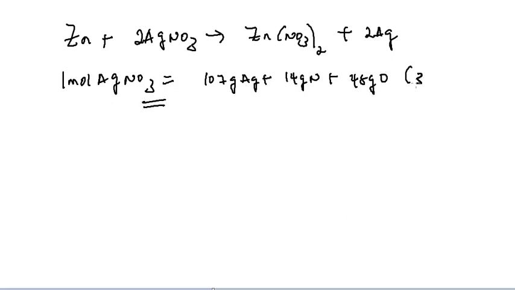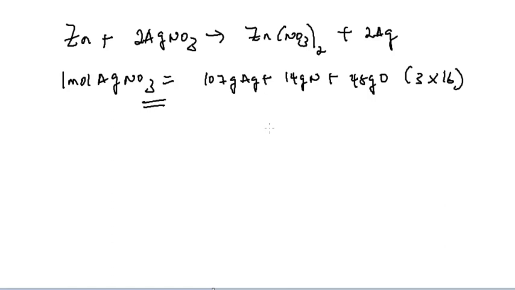We multiply 3 by 16 here. That's how we get 48 grams. So when we add them up, I'm going to use my calculator. Just give me a second. That's 107 plus 14 plus 48. So that will give us about 169.